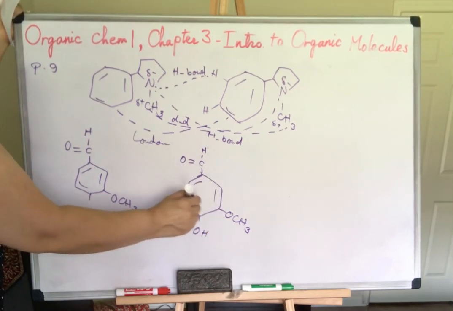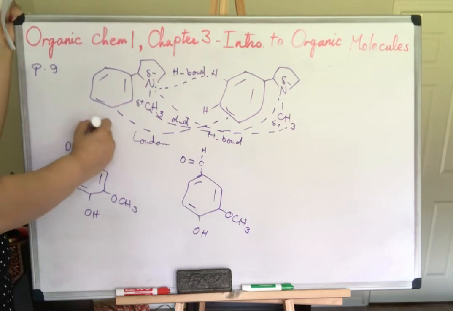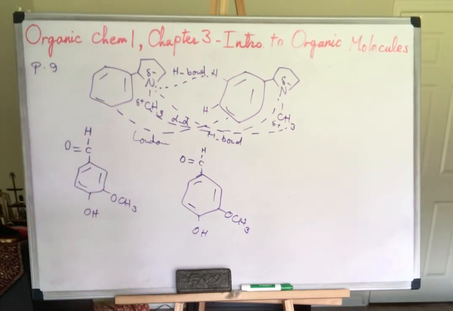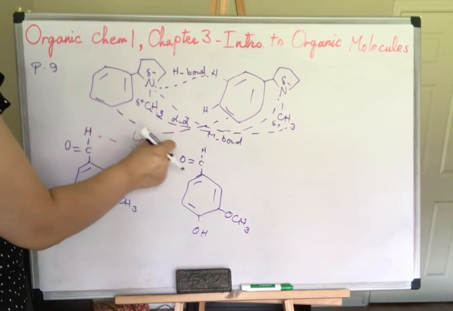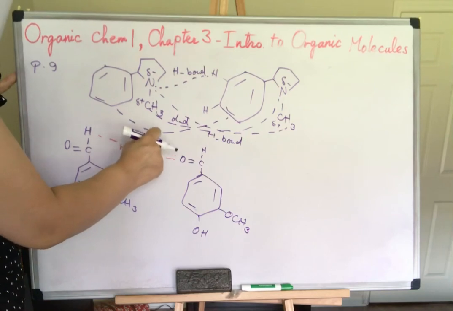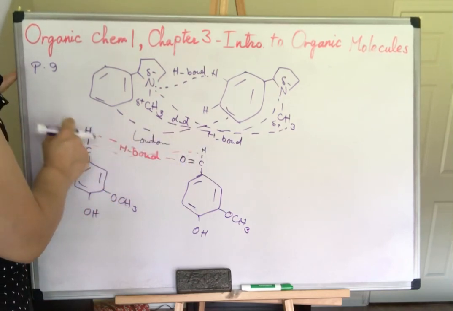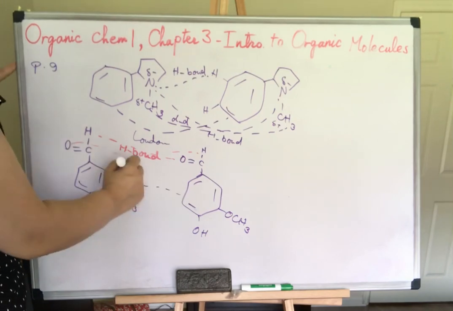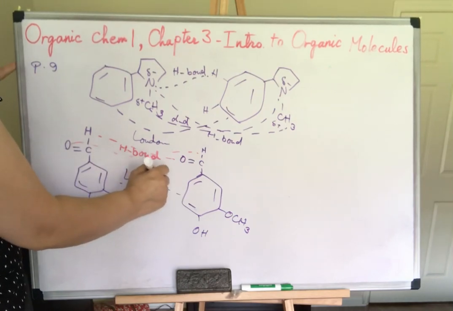Alright, as soon as you see O and H, they are big signs of hydrogen bonding. So see between hydrogen and oxygen's hydrogen bond. The same oxygen and hydrogen here. Between the two aromatic compounds, London forces.